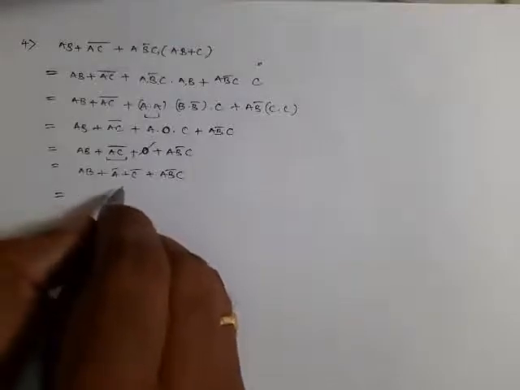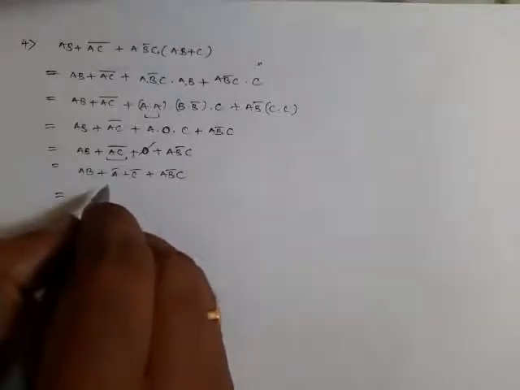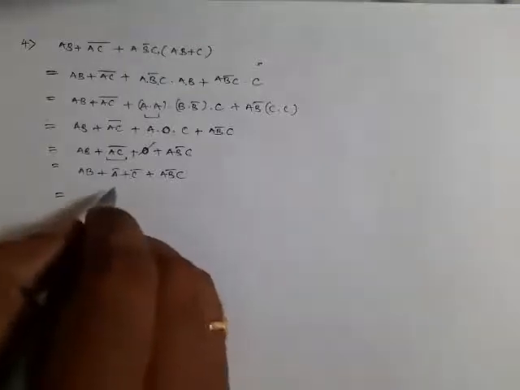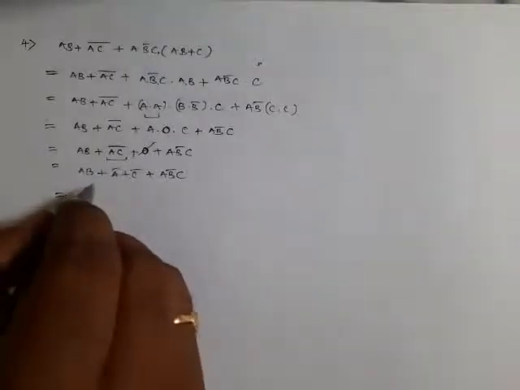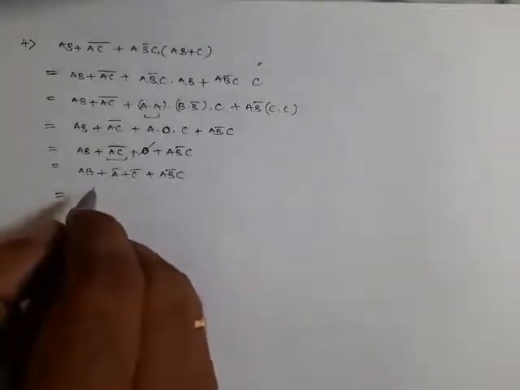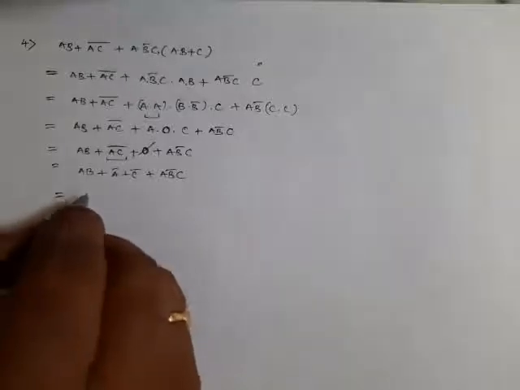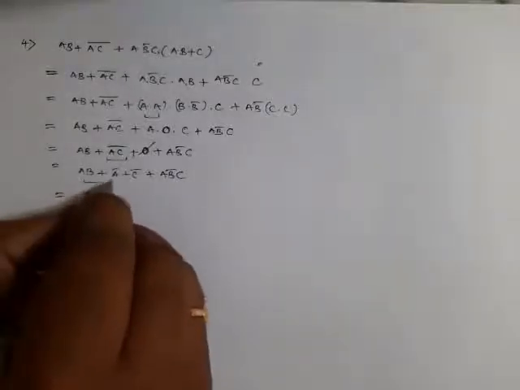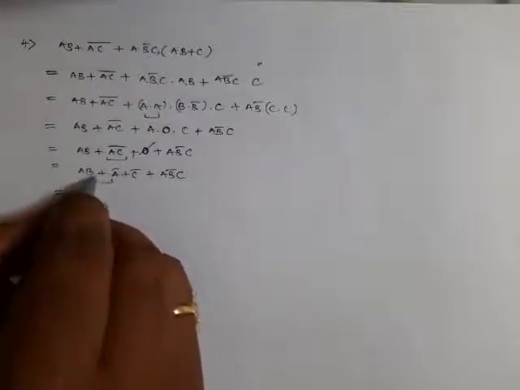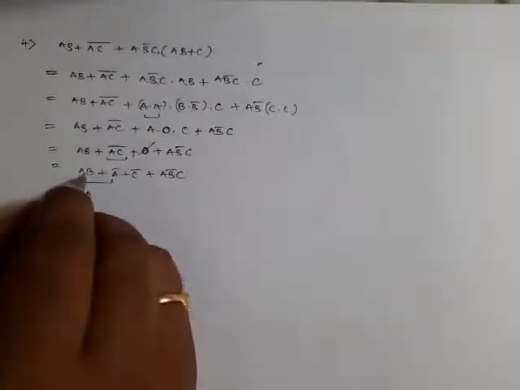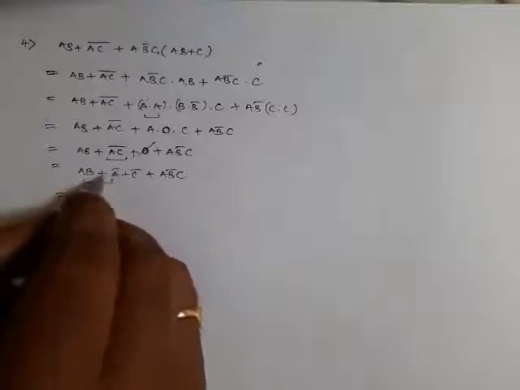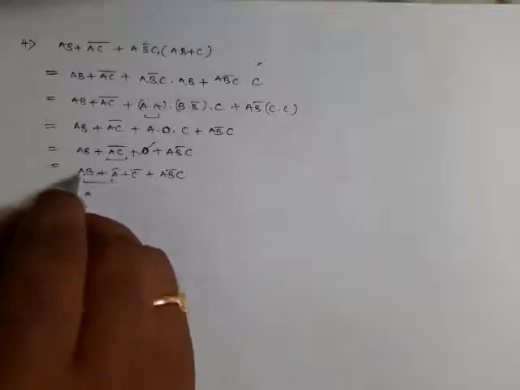What else can you do here? Here you can assume that, by taking these two terms, R is distributed over AND, there is an AND operation actually, so distribute OR over this AND.